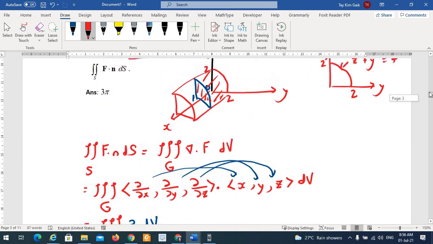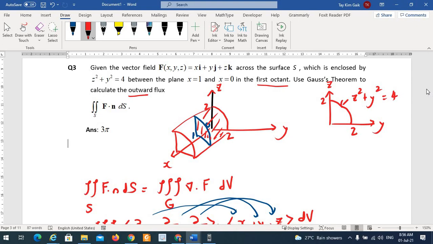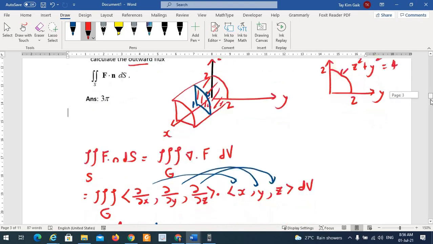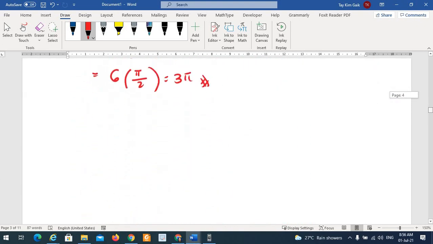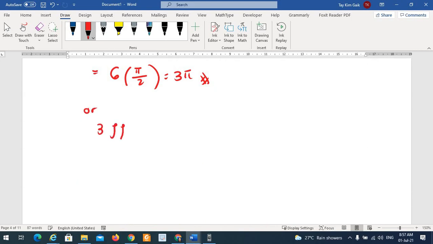Or if you view this cylinder as parallel with your z-axis, then from z squared plus y squared equal to 4, you make z the subject. And just now the third one, we have 3 times the integral of dv over solid G. You see z squared plus y squared equals 4.